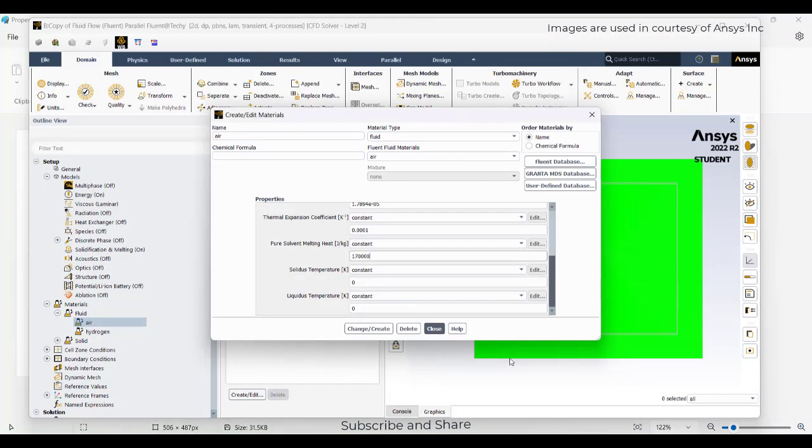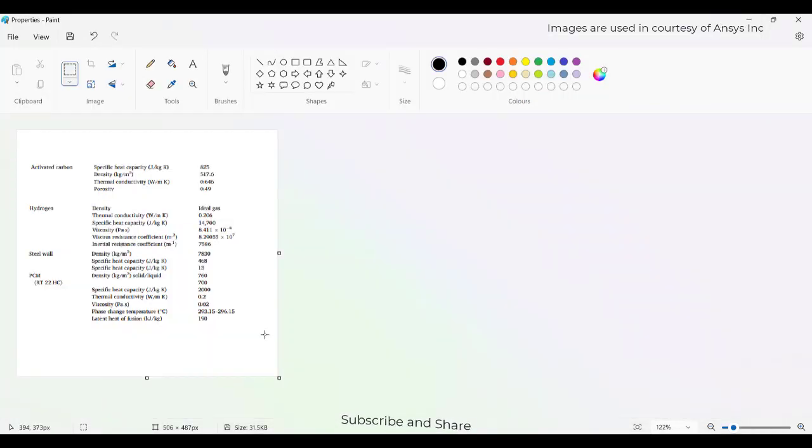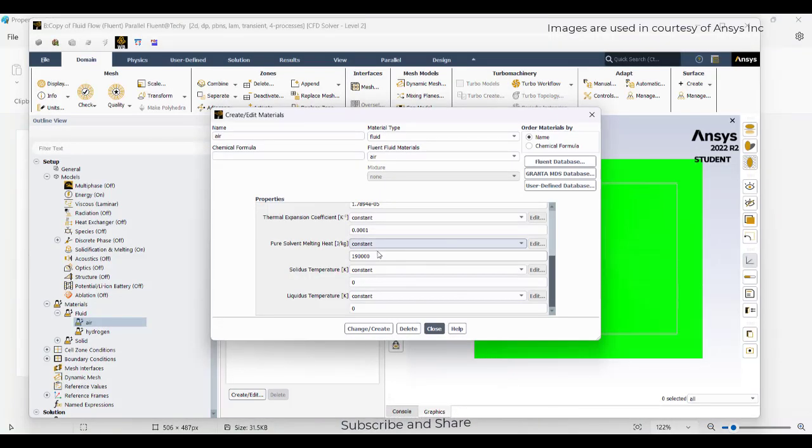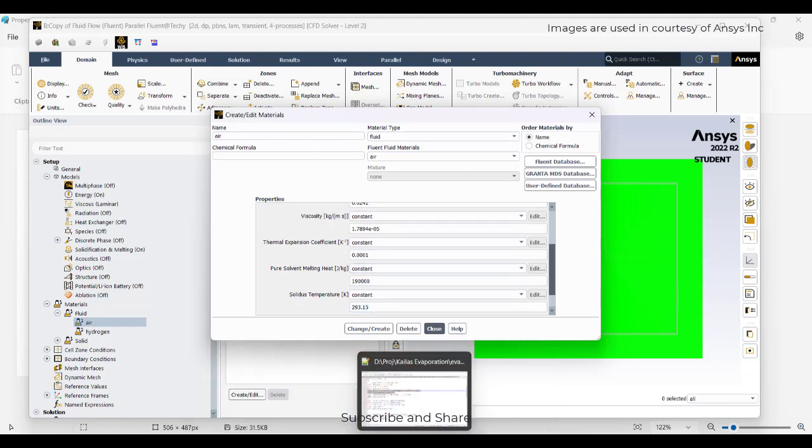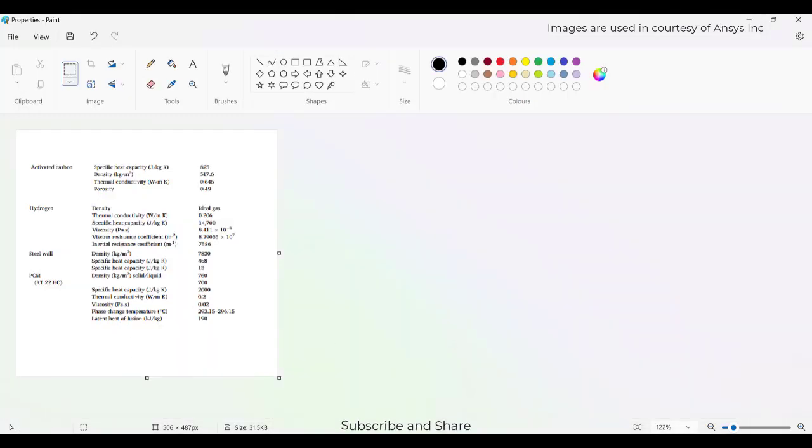Latent heat is 190. Sorry, it is not 170. Solidus and liquidus temperatures are 293.15 and 296.15. So before the solidus temperature, it will be in the solid form. From the solidus temperature to the liquidus temperature, it will be in the semi-solid and liquid form. After the liquidus temperature, it will be in the complete liquid form. The viscosity is given as 0.02.